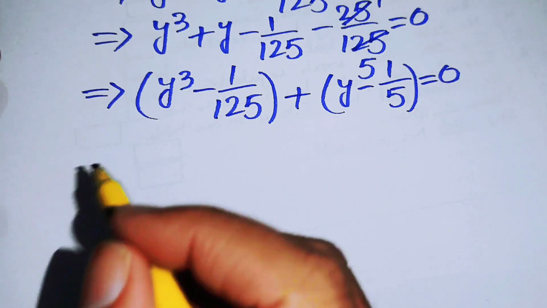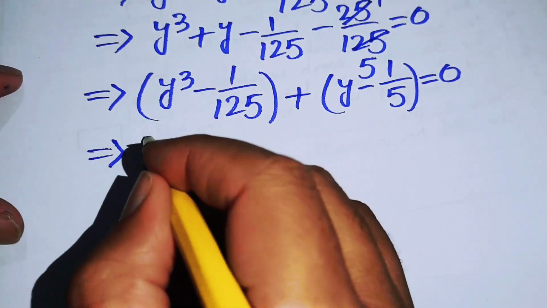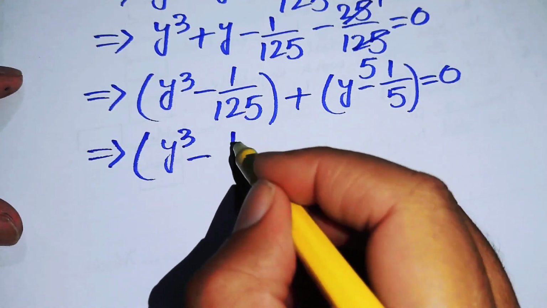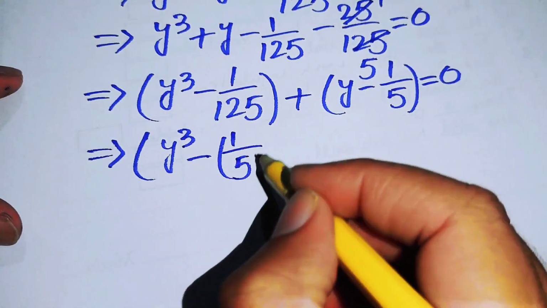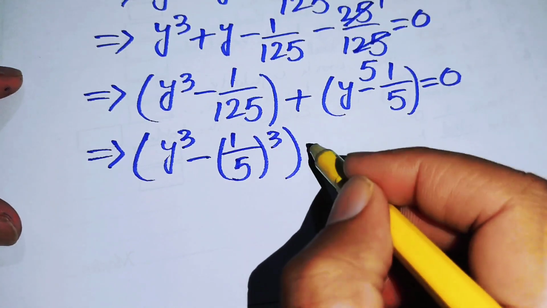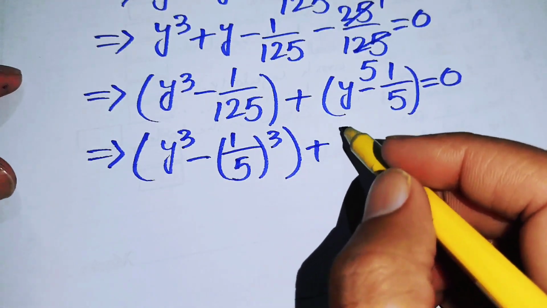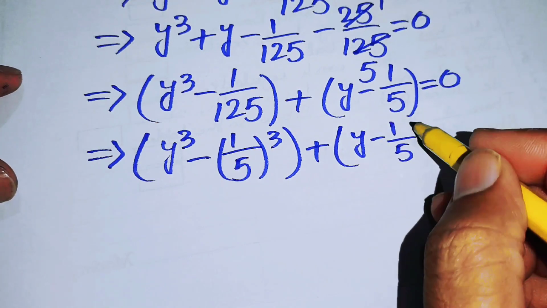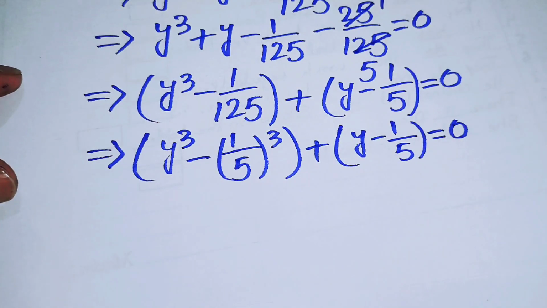So now we will write this equation as y cubed, and we write 1 over 125 as 1 over 5 cubed, plus y minus 1 over 5, and this whole equation equals 0.